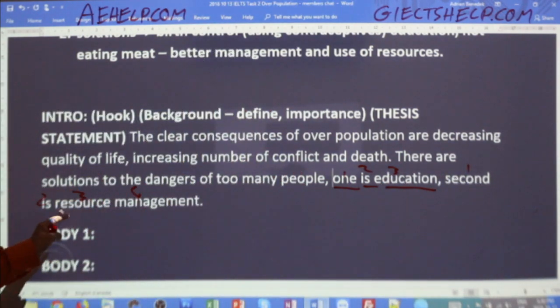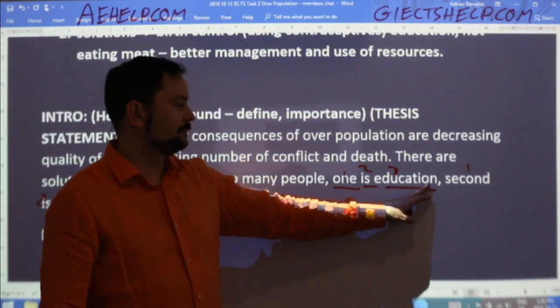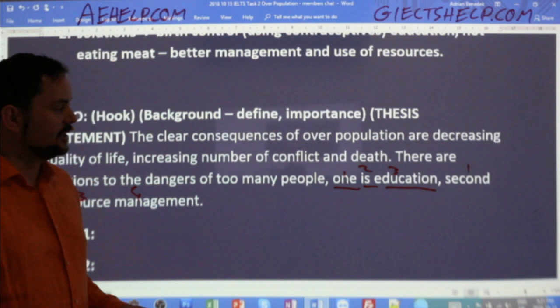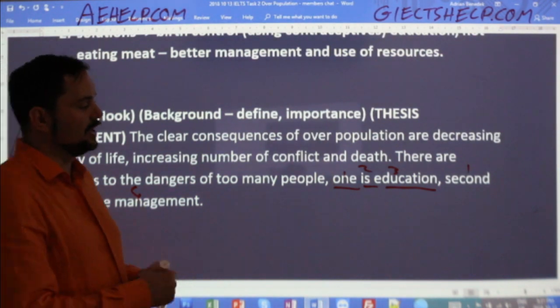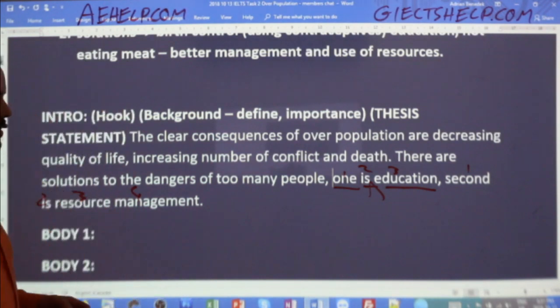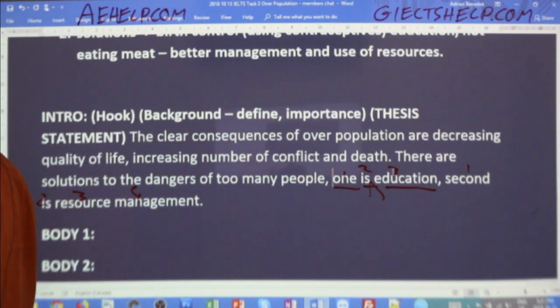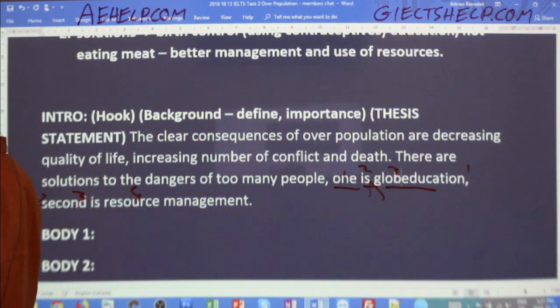So right away I know that this is not parallel grammar with the first point. Okay, so I need to make sure that it's parallel grammar. The easiest way is maybe put in some kind of an adjective there. Okay, so I might want to say something like one is global education. Might be a good word for me here. And second is resource management.